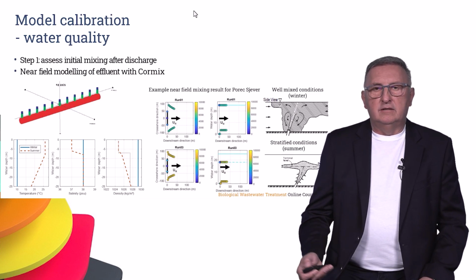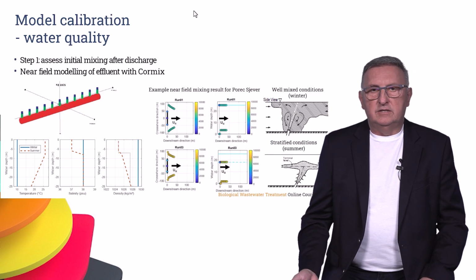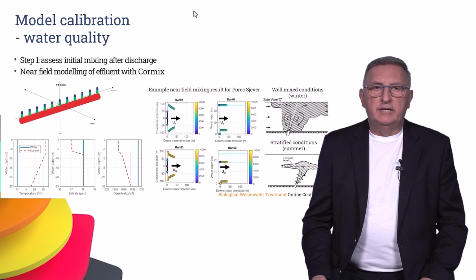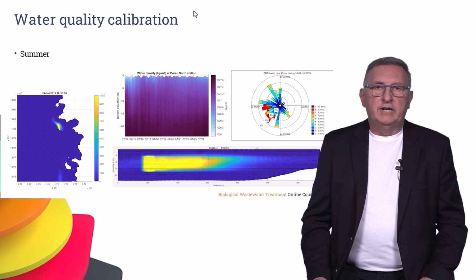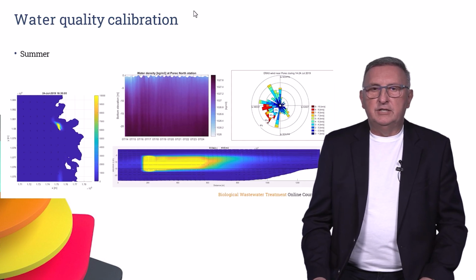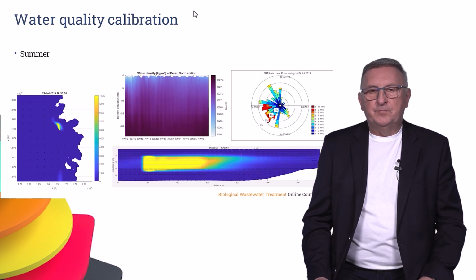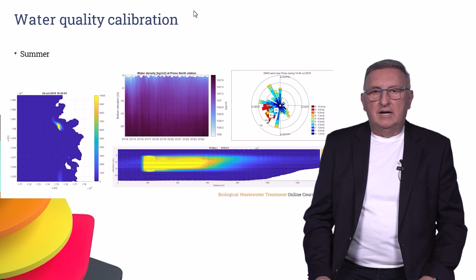We assessed 2 different situations, where we have stratified conditions and where we don't have stratified conditions, and these situations occur in the summer and the winter. You can see here very nicely the situation in the summer where the water column is stratified, and on the bottom part of the slide you can see this yellow-greenish area, and that is the area of the pollution. And you can see that the fecal coliforms are not really coming to the surface.